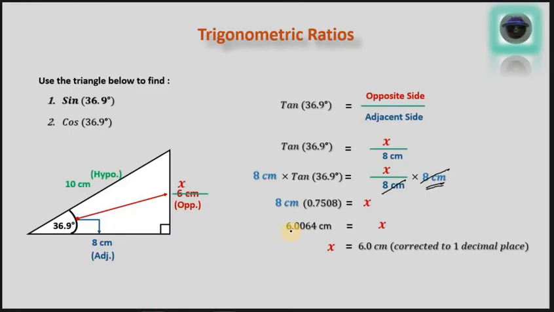We go 6.0. We check the very next digit, which is a 0. And since the very next digit is a 0, we maintain the 0 here as 0. So 6.0 centimeters correct to one decimal place. Or we can call this two significant figures as well.